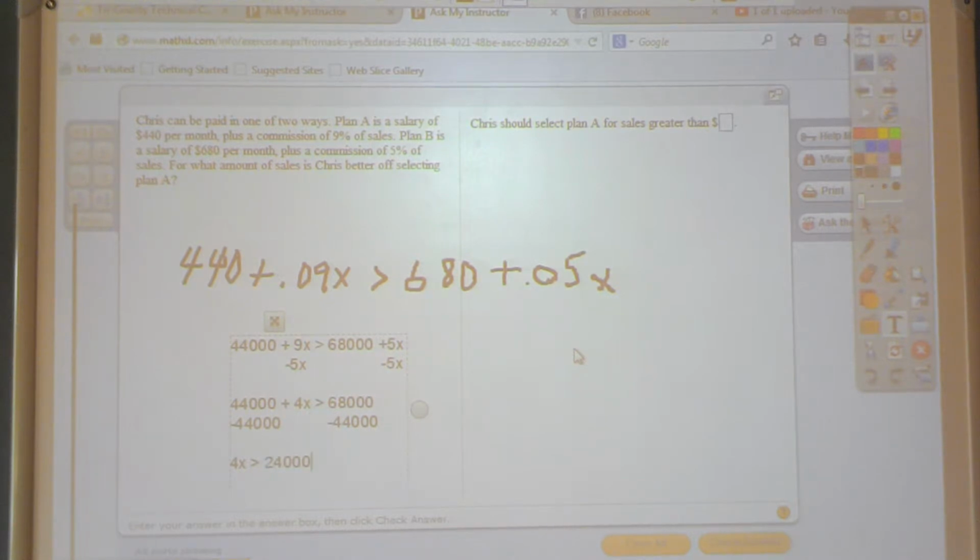And then how many times will 4 go into 24,000? X is greater than 6,000. That should be your answer.